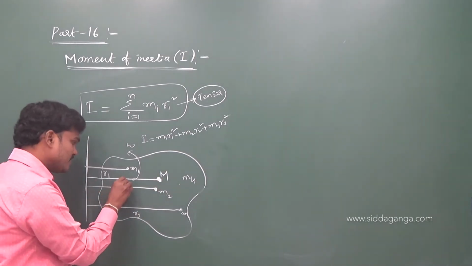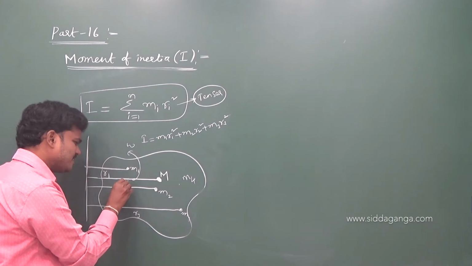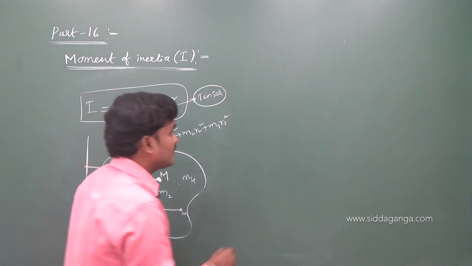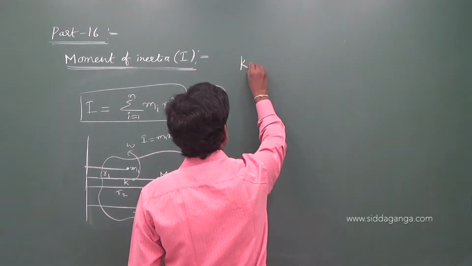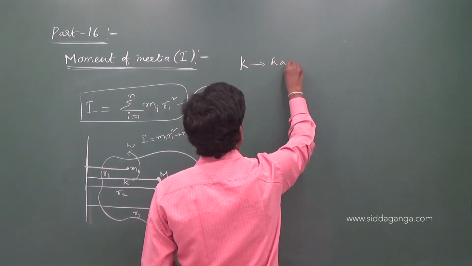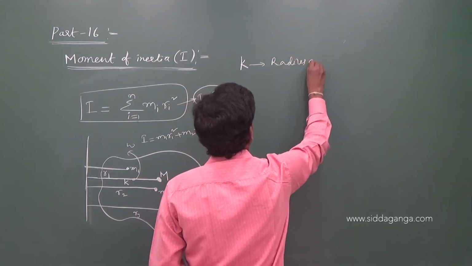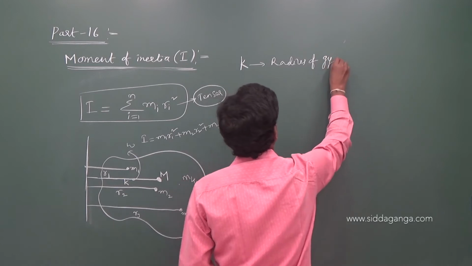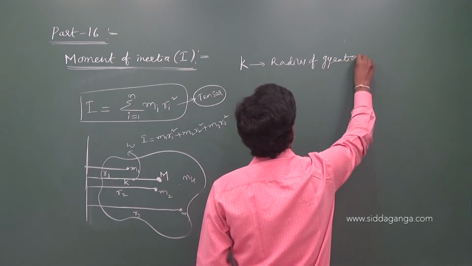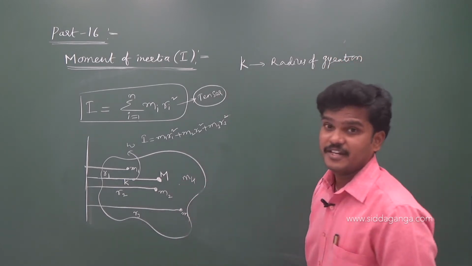That perpendicular distance we can call it K, and K is called the radius of gyration.